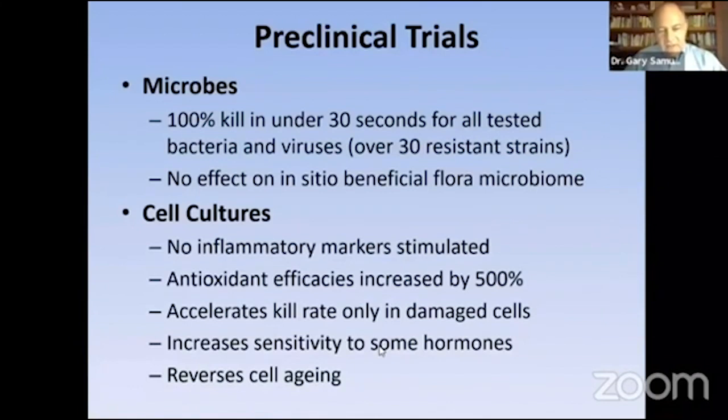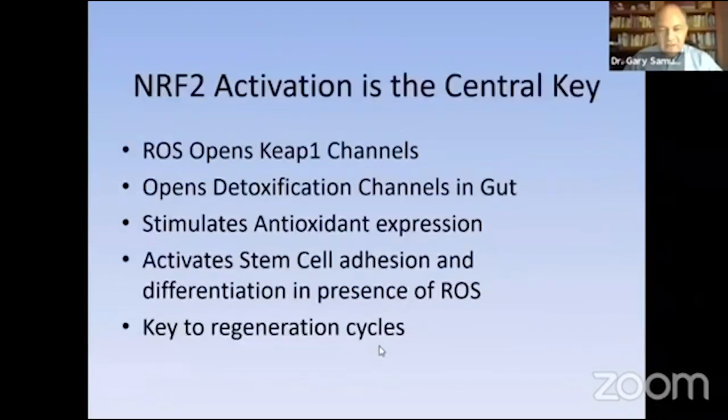Cell cultures, we found that it increased antioxidant efficacies, incredible amounts in cell cultures. It increased sensitivity to hormones. That's another one that we've proven out in the gene study. It reverses cell aging. Cells that were aging and unresponsive, excuse me, all of a sudden became responsive and new when we put ASEA in these cell cultures.